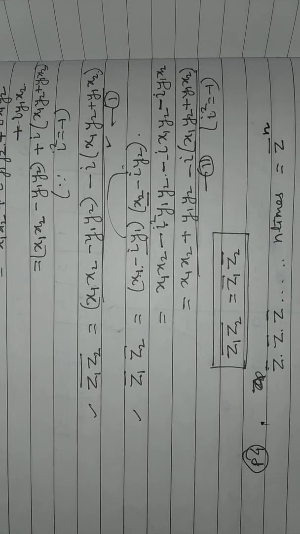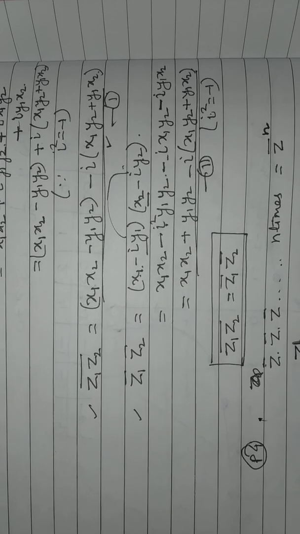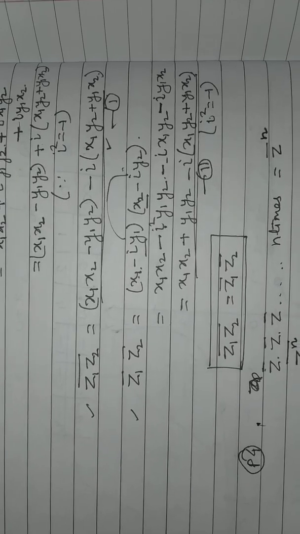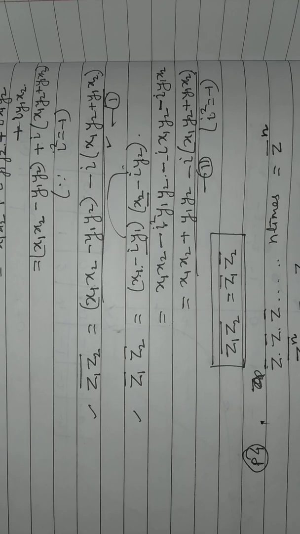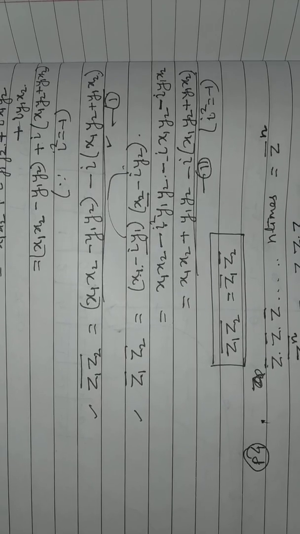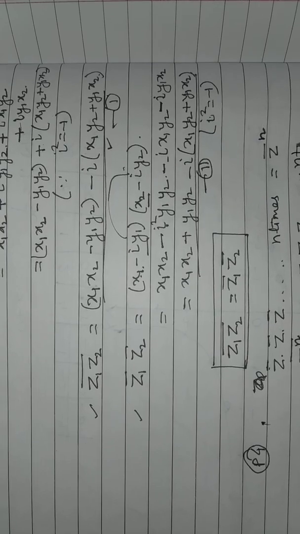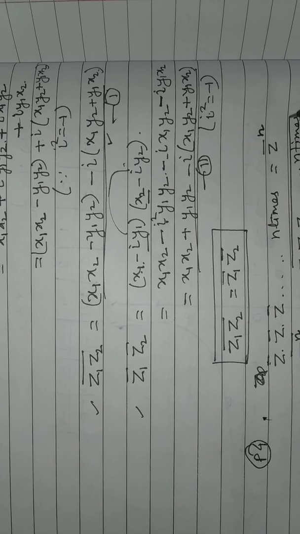And if we take z to the power n conjugate, z to the power n conjugate means z into z into z and so on n times, and here the whole conjugate.